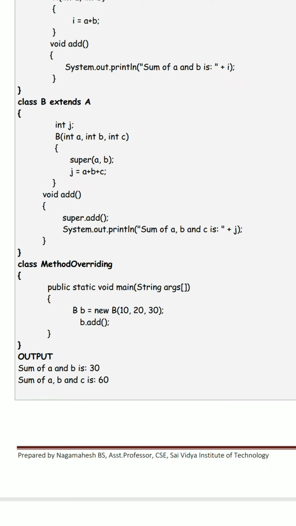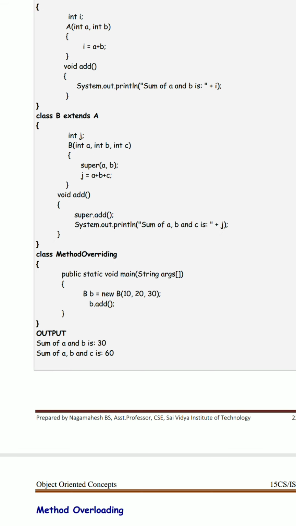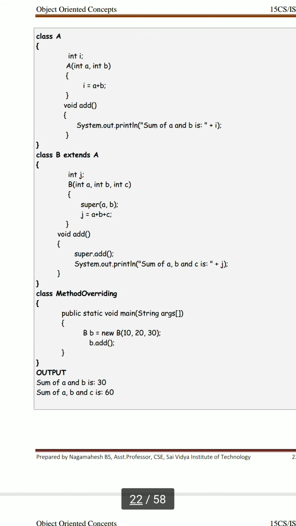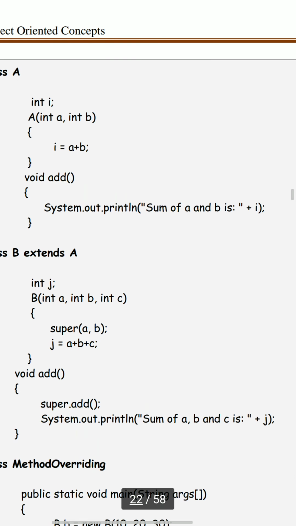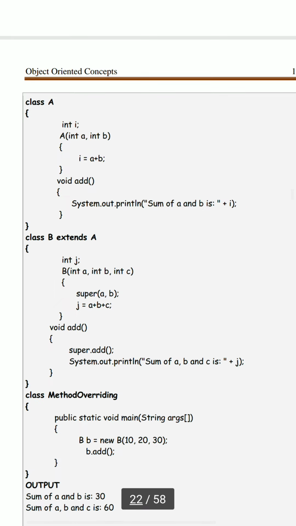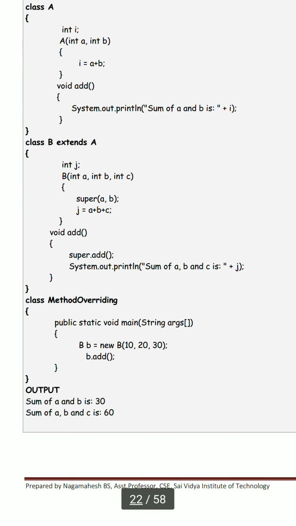Then after that super(a, b), super is going to call the constructor of the superclass. So in the superclass constructor A, a and b values are 10 and 20. For this constructor, int a, int b, it assigns 10 and 20. i is equal to 10 plus 20, which is 30. Now the value of i is 30. This has happened when you create an object here.